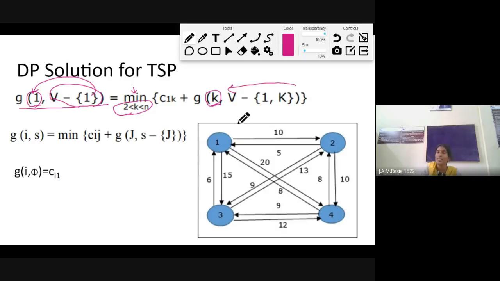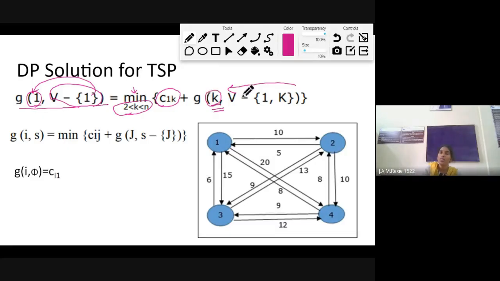That cost, then to reach from 1 to k, I will be having a cost, right? This is directly taking the cost from k through all these vertices to 1. So I need to add this with the cost of reaching that k. So 1k, 1 to k. It may be 1 to 2, 1 to 3, 1 to 4, anything. Plus from 2, what is the cost through other vertices to reach to 1.